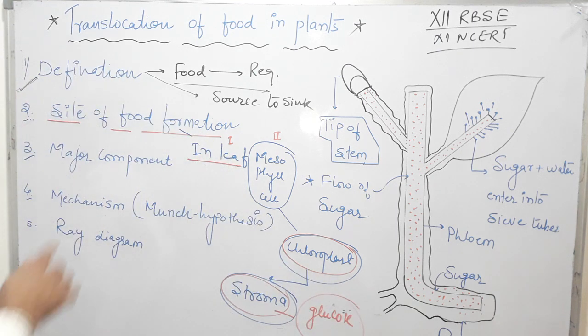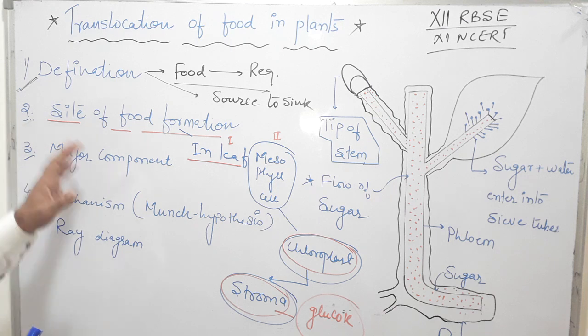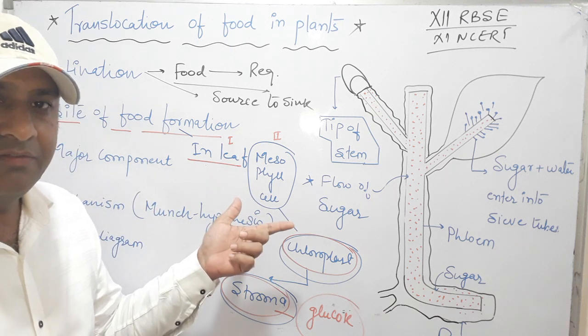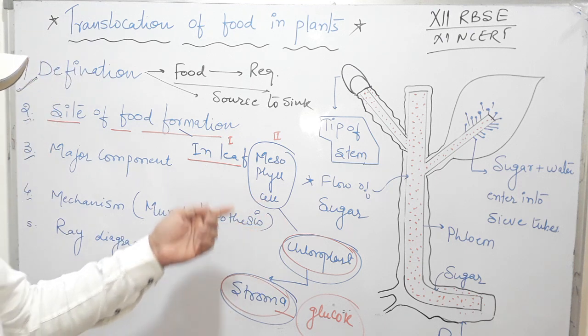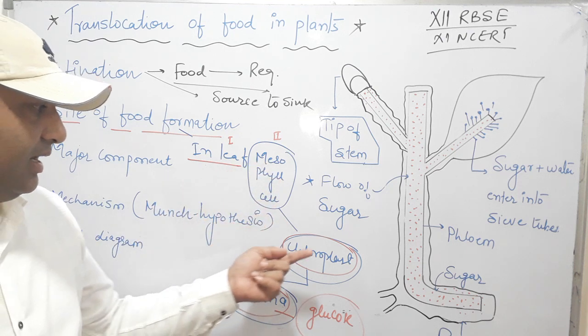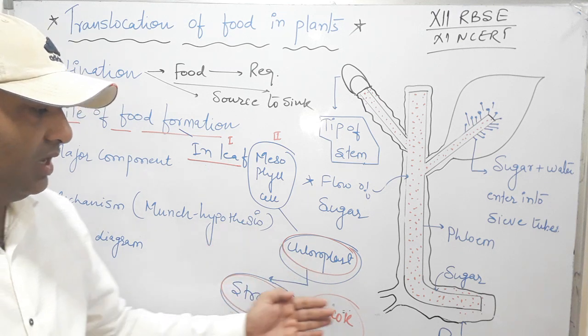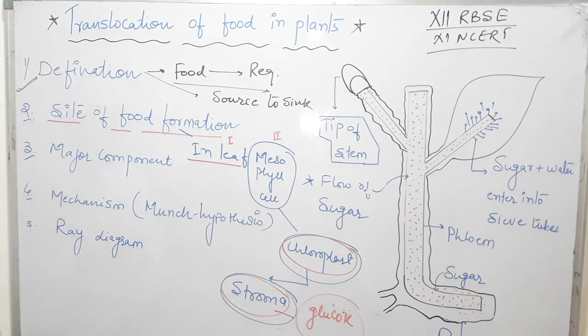So it is the site for food synthesis. In simple terms it is in the leaf, but in depth, in the leaf it is in the mesophyll cell, in the chloroplast, in the stroma. Clear?